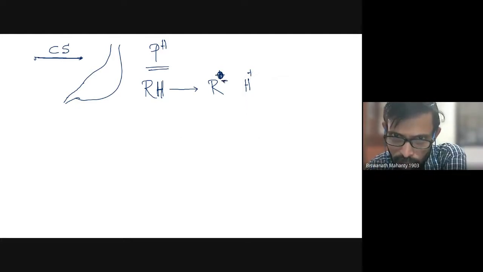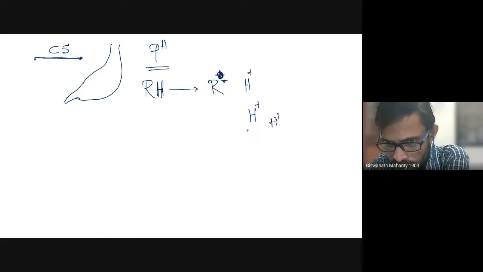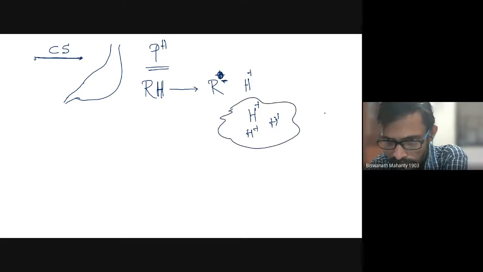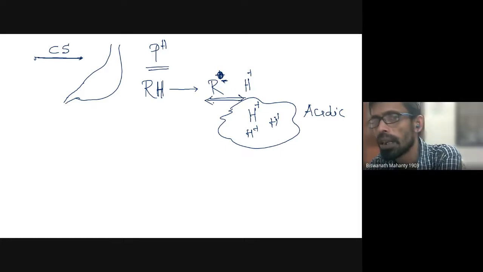Now the question comes, if there is a high amount of hydrogen plus ion already there in your media, it is too much, I mean to say the environment is a little bit acidic, then this will not happen. The ionization will not happen.